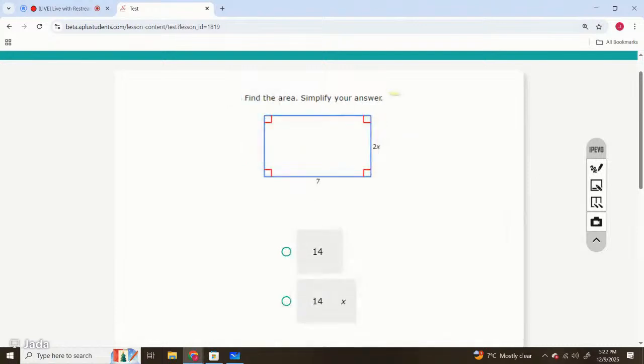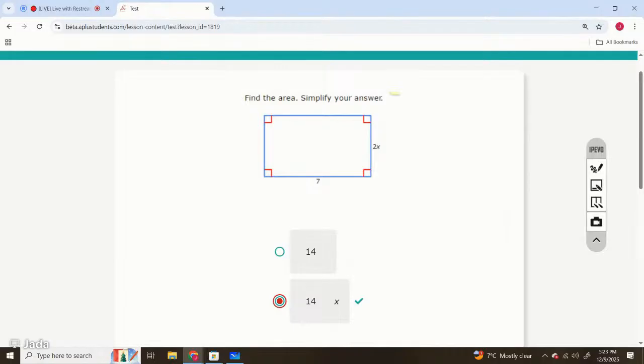Find the area. So we have to do length times width. So which is the correct option? Yes, that is 7 times 2 is 14.